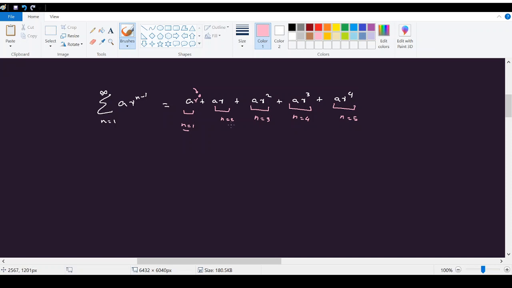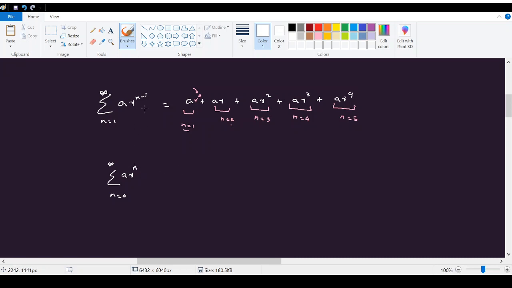Here the term number is 2, the power is 1; 3, 2; 4, 3; 5, 4. Likewise, there is a certain difference between the term number and the power of r. So we can even get the same result by doing a slight change, and then both the term number and the power of r will be the same.